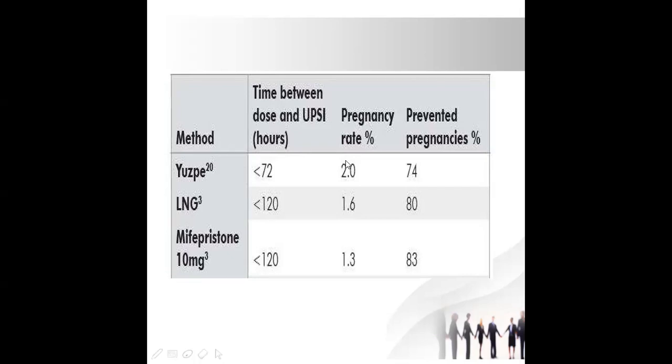The pregnancy rate is 2% with Yuzpe, 1.6% with levonorgestrel, and only 1.3% with mifepristone. The prevented pregnancies are 74%, 80% with levonorgestrel, and 83% with mifepristone. So mifepristone has a better outcome when compared to the Yuzpe regimen and the levonorgestrel regimen.